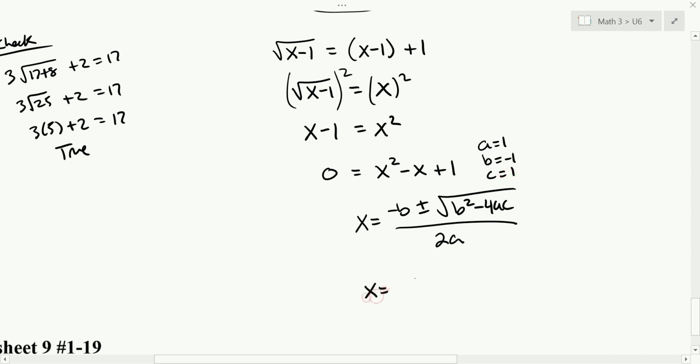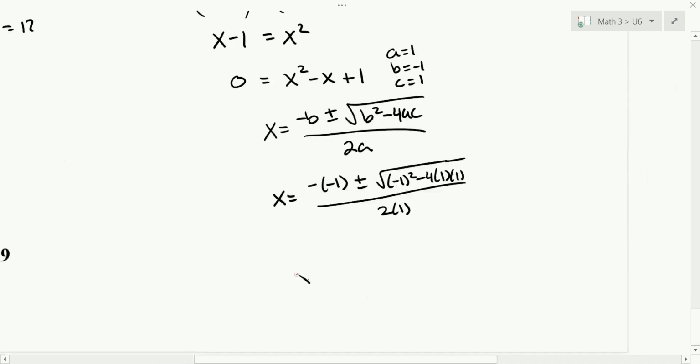So we plug these in. Negative, negative 1 plus or minus the square root of negative 1 squared minus 4 times 1 all over 2 times 1. Simplify this: 1 plus or minus the square root of 1 minus 4 over 2.